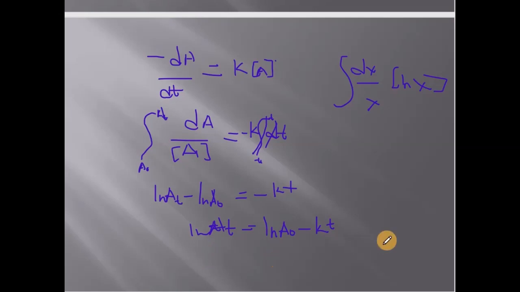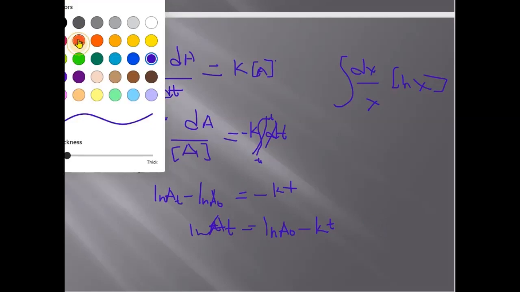A straight line, where you can have y equals mx plus c. So here y is ln At, the natural logarithm of At, equals the intercept, which is ln A naught, minus what? kt.